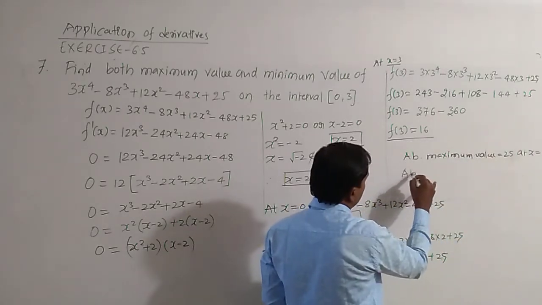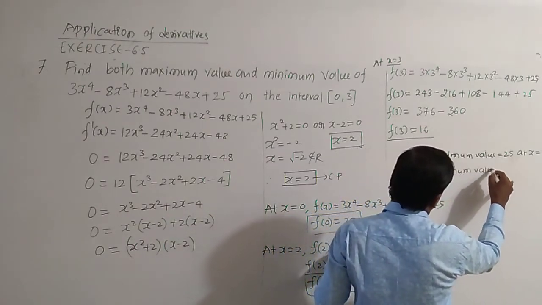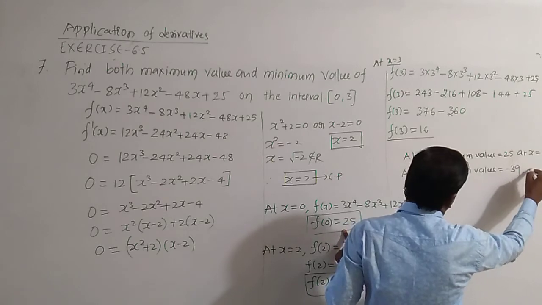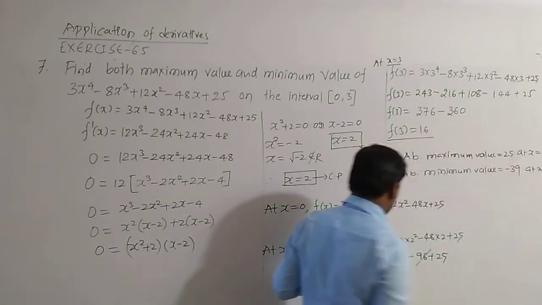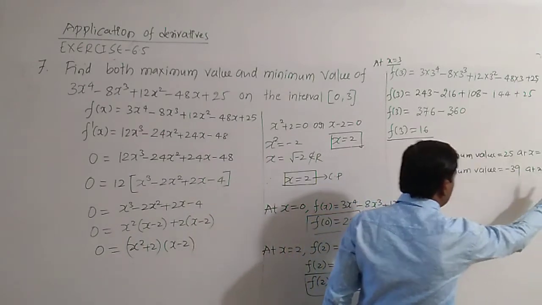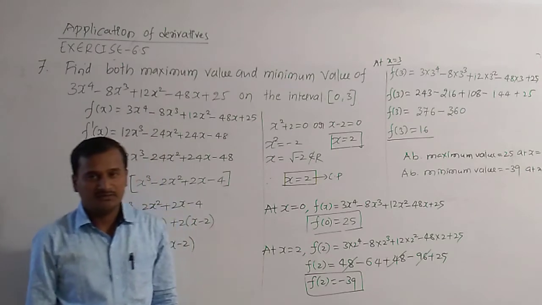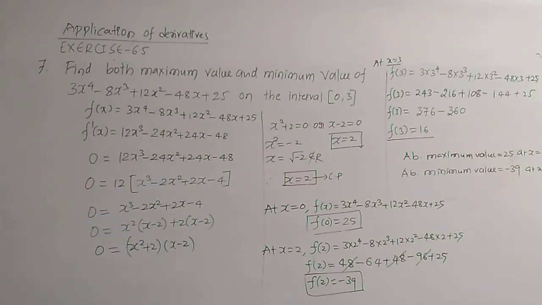And similarly the absolute minimum value is equal to minus 39 at x equal to 2. So this is the absolute maximum value and absolute minimum value.